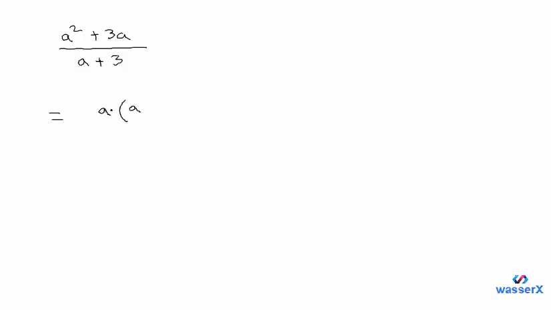Parentheses, a times a is a squared plus a times 3 is 3a. Therefore we have a times a plus 3 over a plus 3. So we have a common factor between the numerator and the denominator. Cross them off. The answer is a over 1, which is equal to a. So the simplified form of this fraction is just a.